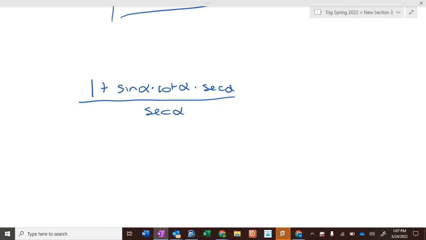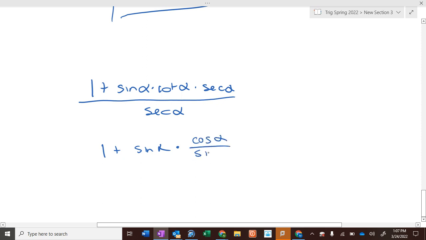So anything that's not a sine or a cosine, let's turn into a sine and cosine. So 1 plus sine of alpha. What's cotangent of alpha the same as? Cosine of alpha over sine of alpha. What's secant of alpha the same as? 1 over cosine of alpha.